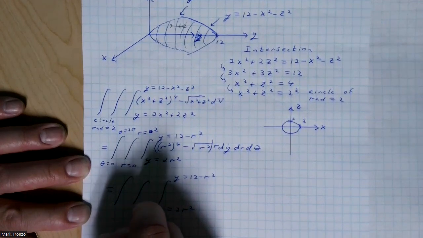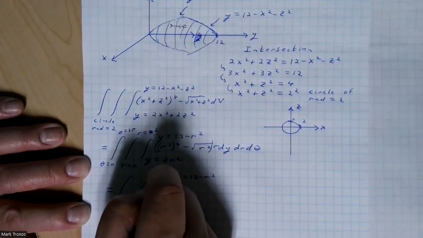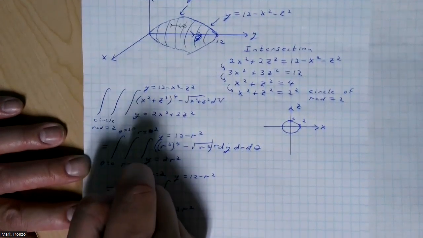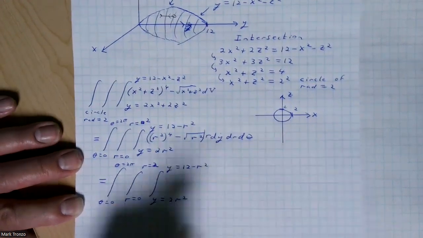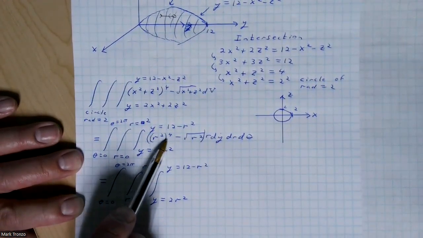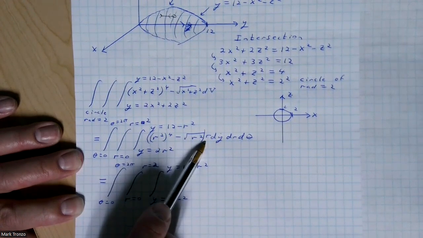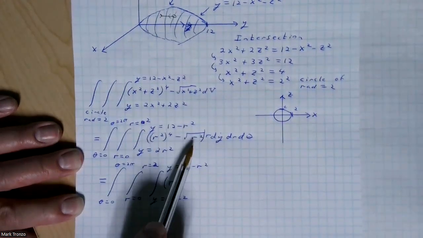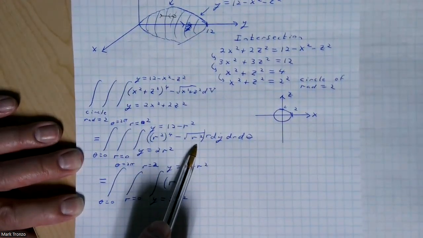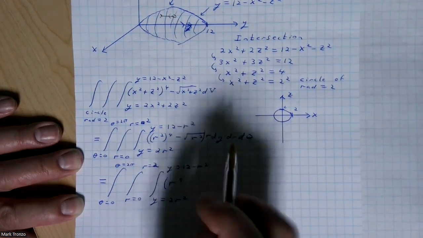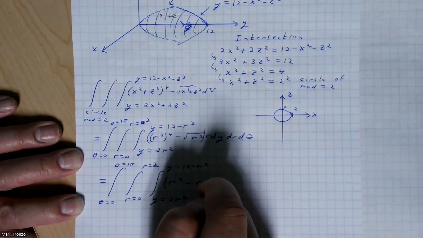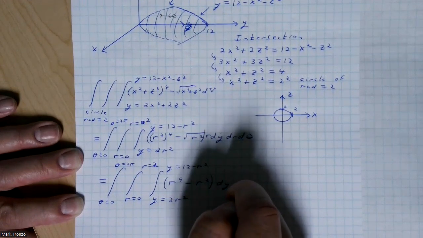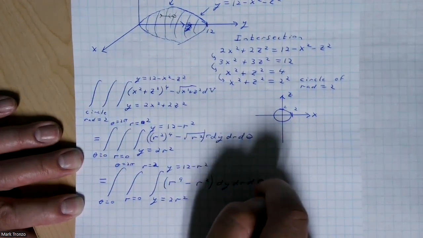So r equals 0 to r equals 2, theta equals 0 to theta equals 2 pi. Now notice this is going to be r to the 8th, but it's going to be times r, so it's going to be r to the 9th. And then the square root of this is going to give us r to the first power, but that'll be times r, so it'll be r squared. And then dy, dr, d theta.